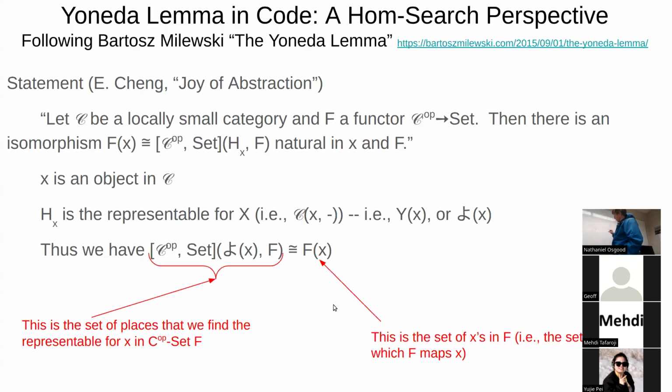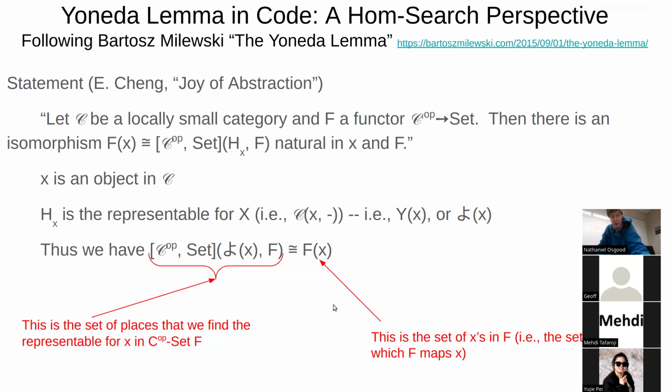But the Yoneda lemma says that if you consider a representable for an object, not just any category here, it concerns maps between C-sets.